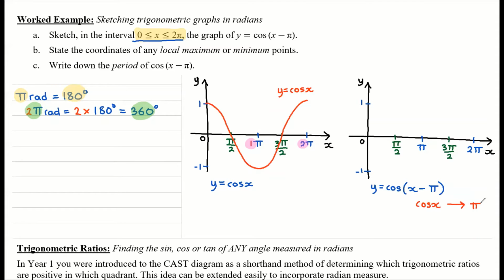Now we're in a position to do this. Let's just take some of these vital nodes on the parent function. The first one, let's have a look at what happens to pi over 2. If I add pi to that, that's going to give me 3 pi over 2, so that node is going to shift to here.